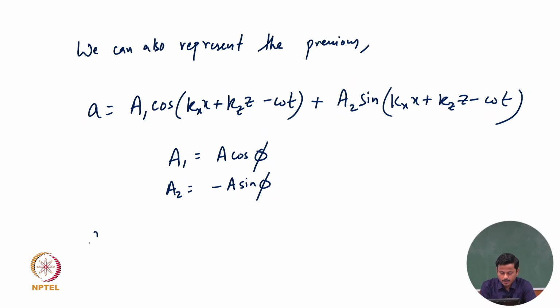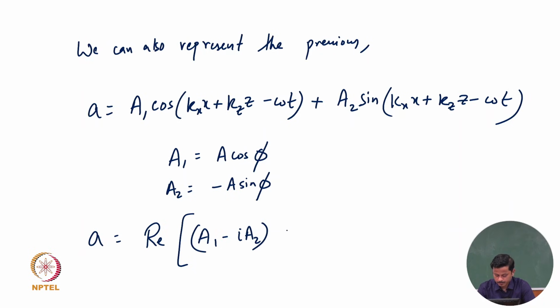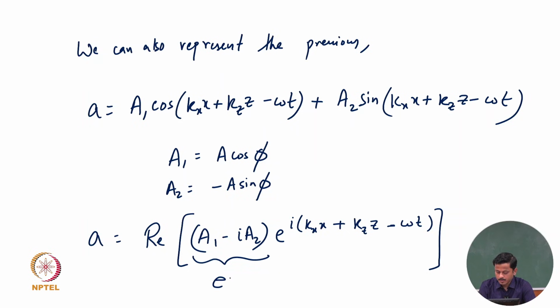And a can then be the real part of (a1 minus i a2) e raised to i(kx x plus kz z minus omega t), and this can be represented as e^(i phi).